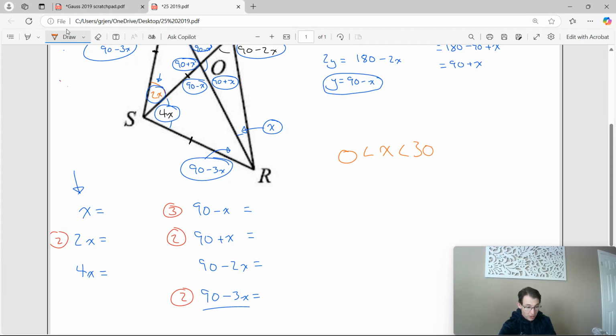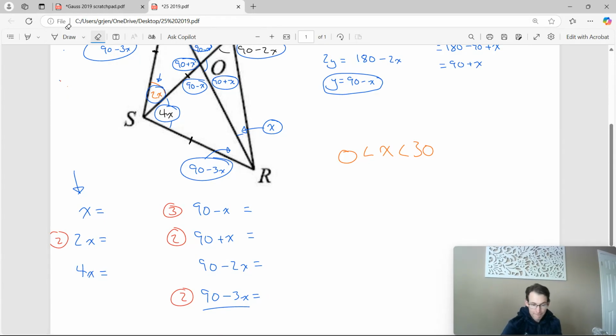Because if x were 30, that would be equal to 0, and that doesn't work. I mean, we can't have this thing collapsing into 0. That would be dumb. Okay, dumb might not be the right word. It would be ridiculous. So, we now have a range of x values that we should test and see which ones gives us 6 prime numbers.